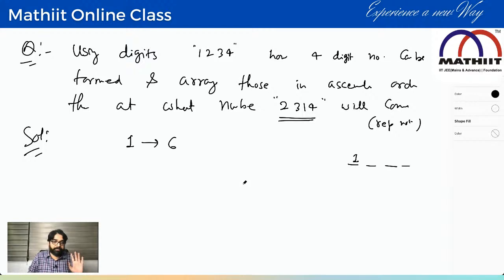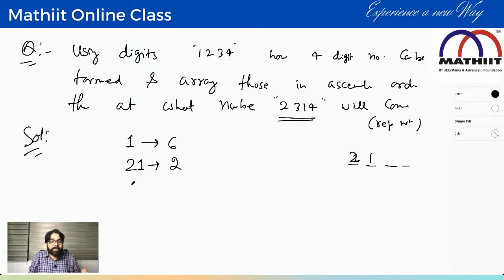Yes or no? Now, after that, 2. That is my requirement. After 2, I will not count. I will count after 2 in the ascending order; who will come? 21. So how many numbers are there which start from 21? I will say 2 factorial, 2 numbers.